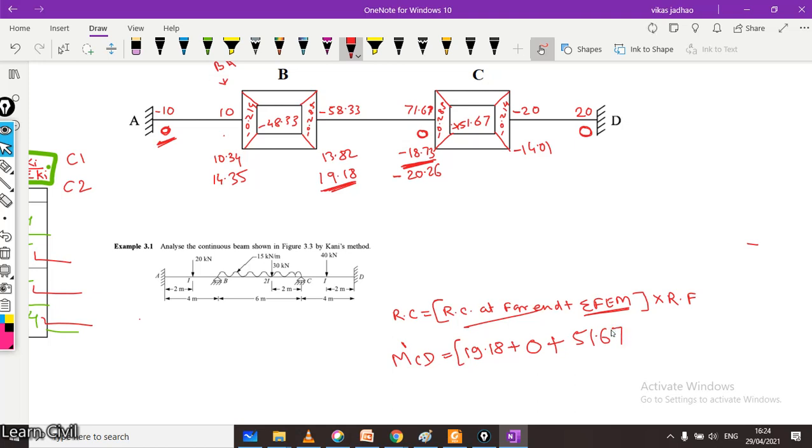Okay, so multiply this with the rotation factor of minus 0.214, which is for CD. So minus 0.214. So this value will be equal to minus 15.16. Just write down this value here, minus 15.16, like this.